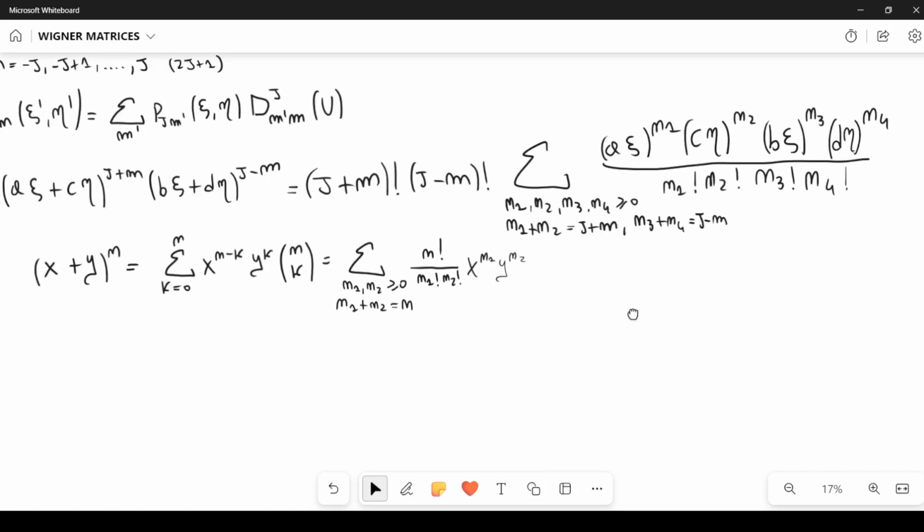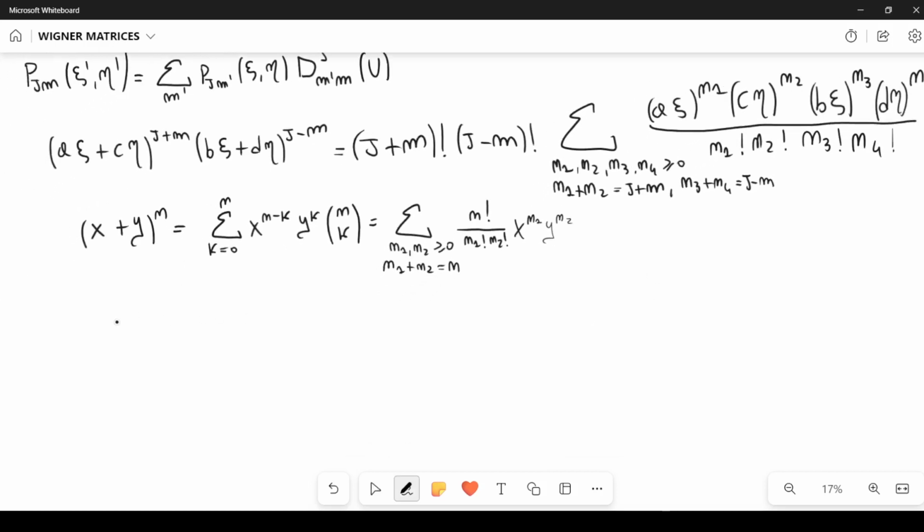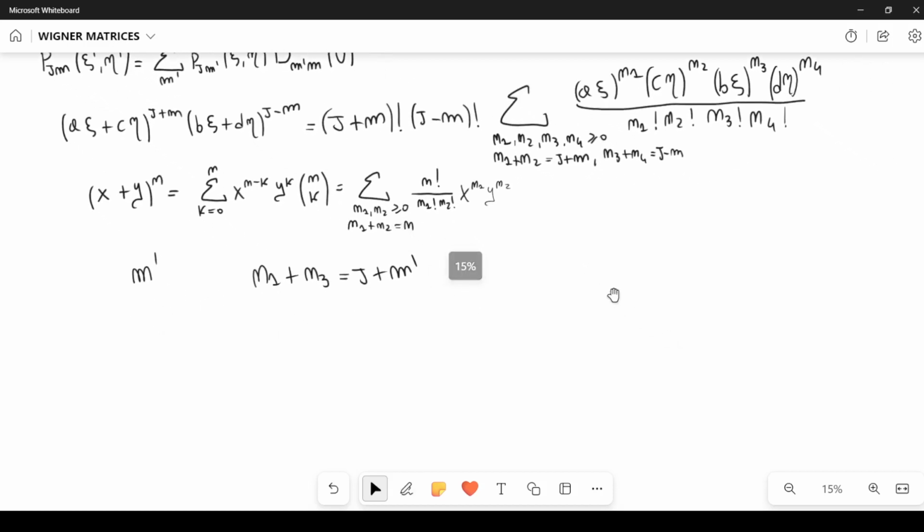At this point, if we introduce another parameter, which I call m prime, and we assume that n1 plus n3 is equal to j plus m prime. So this is just another way of manipulating this same summation. So I want to manipulate it slightly differently.